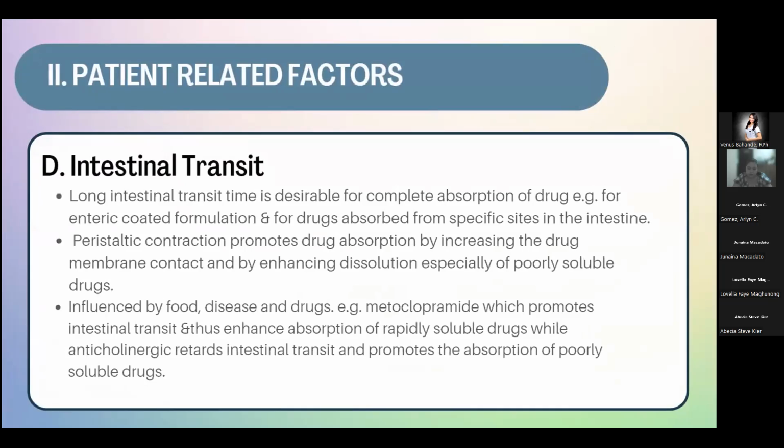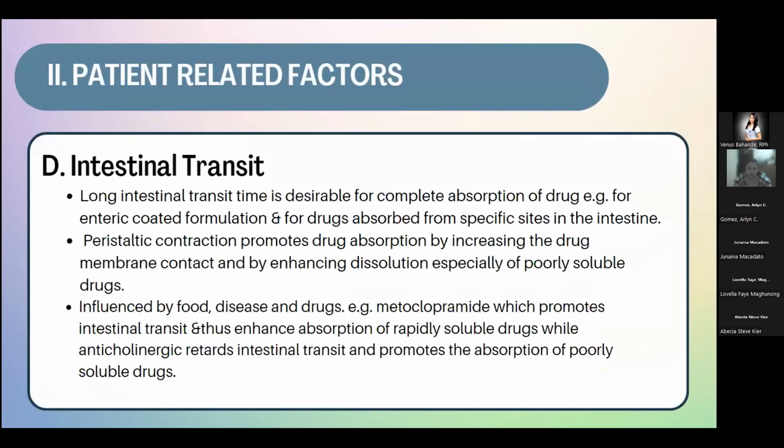And then we have the intestinal transit. Long intestinal transit time is desirable for complete absorption of drug. Example, for enteric-coated formulation and for drugs absorbed from specific sites in the intestine. Peristaltic contraction promotes drug absorption by increasing the drug membrane contact and by enhancing the solution, especially of poorly soluble drugs.